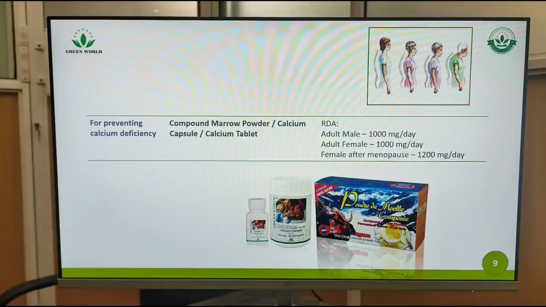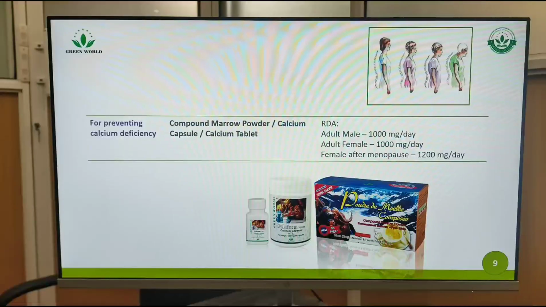But what happens in our homesteads? We buy a packet of milk, prepare tea with it, and drink it between 5 to 10 people. Let's say 5 people. That means you don't even take a quarter, even an eighth of the milk from that. So that's why aged people need to supplement.